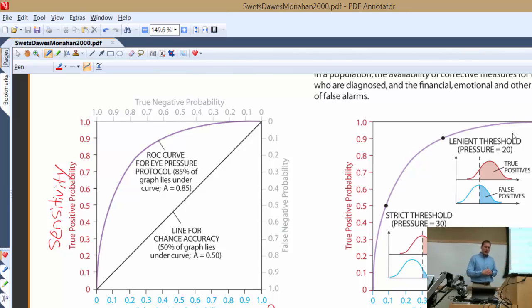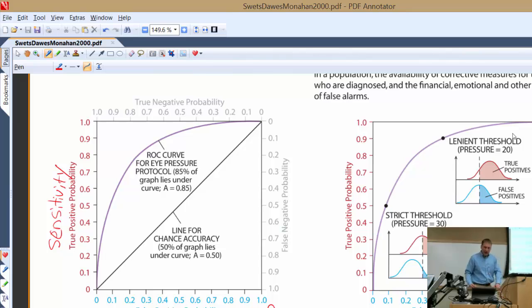And so what you see, first of all, on the y-axis, the article calls true positive probability, which it is, but more people call it the sensitivity, which is what we defined. And on the x-axis, you have 1 minus the specificity. So you can see, obviously, both the x and y axes go from 0 to 1.